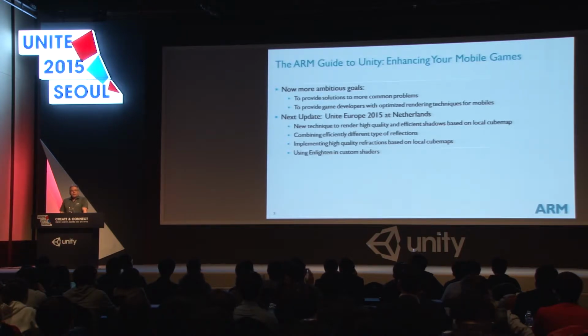The next update of the guide will be at Unite Europe in June in the Netherlands. This update of the guide will include the source code and detailed explanation of the techniques I will talk about today, and other rendering techniques related with the implementation of high-quality reflections based on local cubemaps, which is a new technique also developed at ARM very recently.